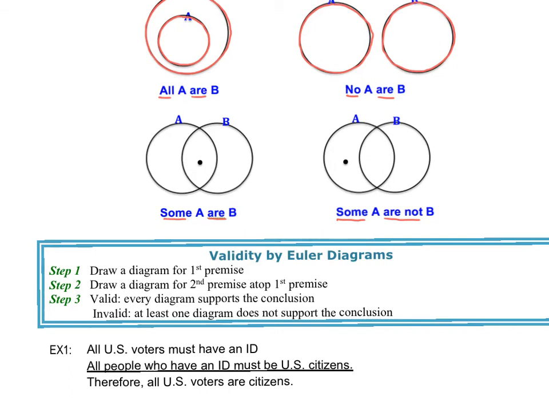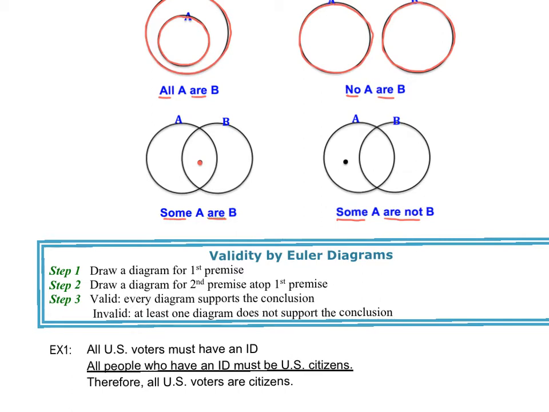These last two, the first one is some A are B. So when we say some A, remember some is at least one. So at least one thing in A is also in set B. This dot represents an element of set A that's also in set B. So the circles are sets of things. The dots represent one thing.